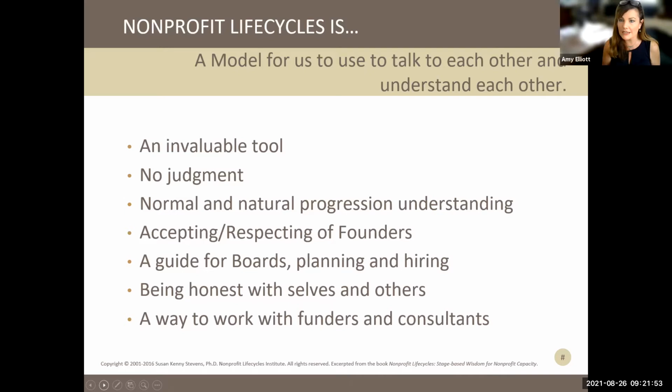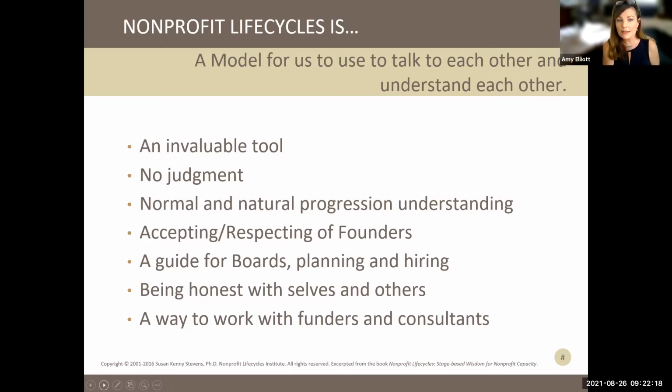When an organization is in the startup phase, it takes a lot of energy, right? Especially from those probably fairly new board and those people that are leading that organization. And it takes a certain type of executive director or CEO, if we're even calling it this at startup phase, of that organization.